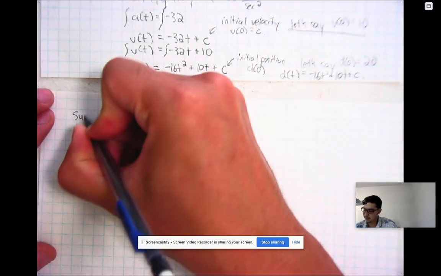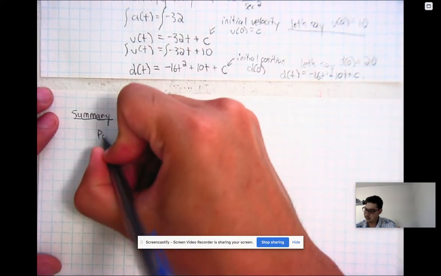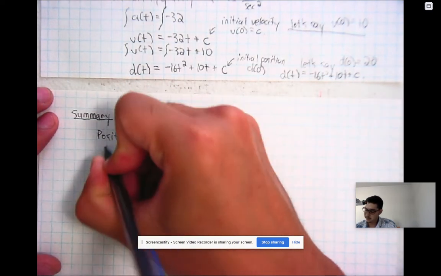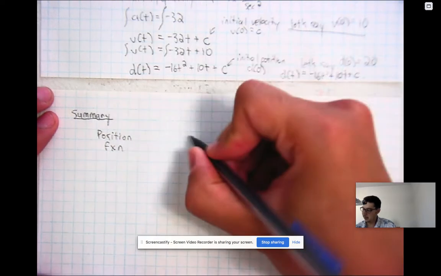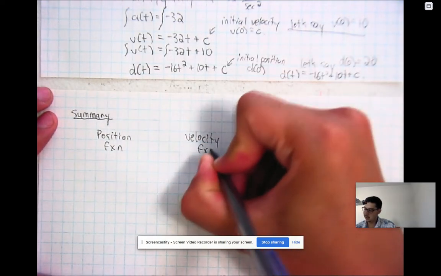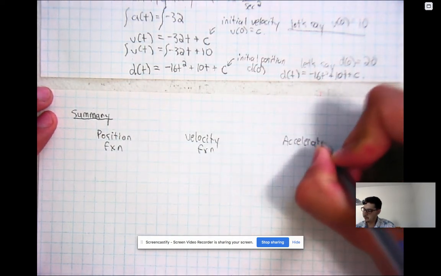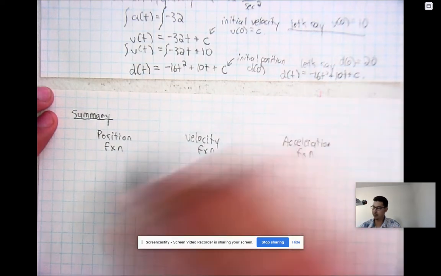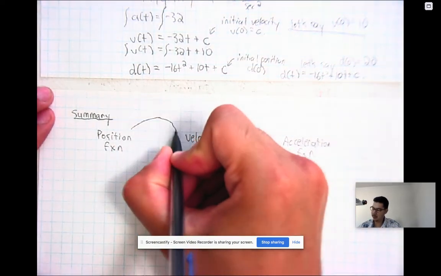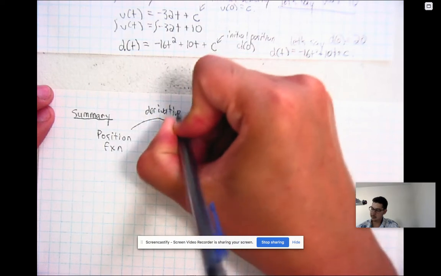So in summary, if you have a position function and you want to study its rate, which is velocity, and you want to study that rate, which is acceleration, well, to get from position to velocity, we would take the derivative of position.